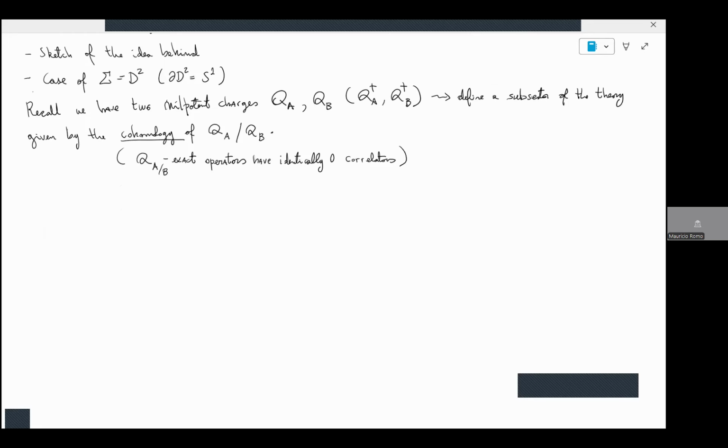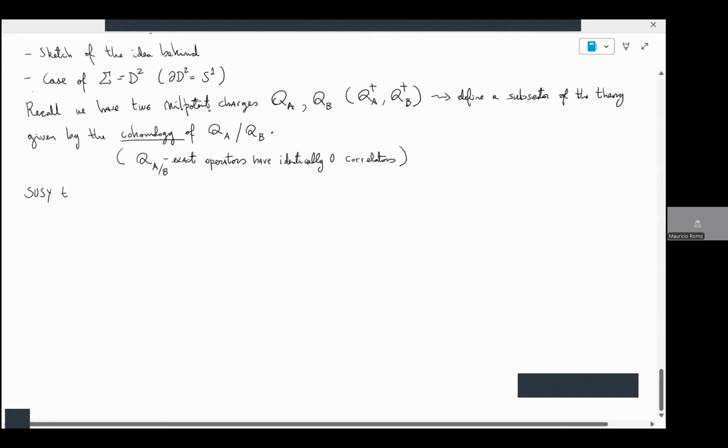Now, the problem with these operators and these symmetries is the following. If you want to study this subset of operators on theories on a curved worldsheet, you find a problem. Why?